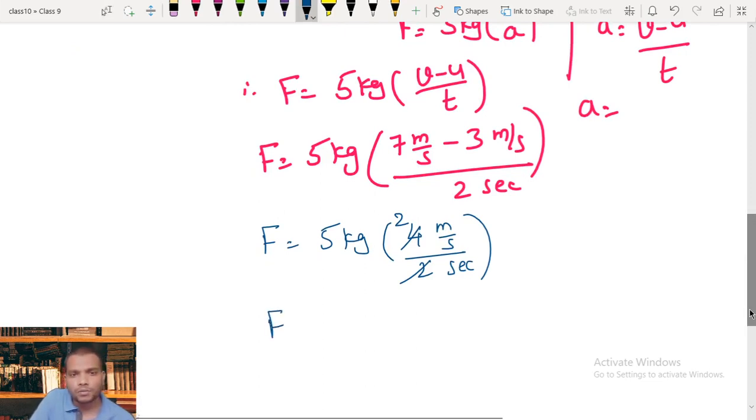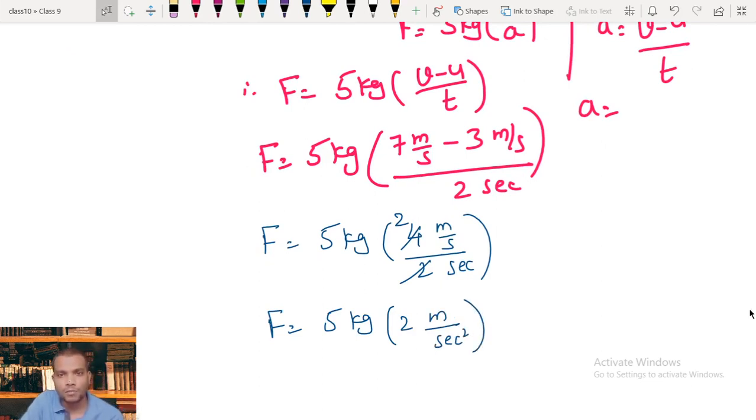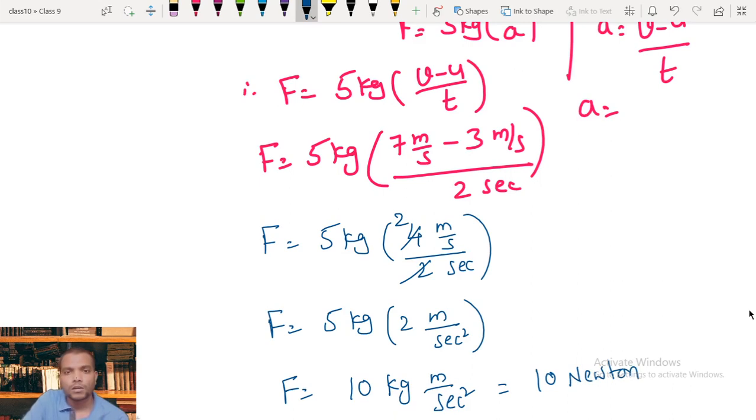So F equals 5 kg of 2 meter per second square, since seconds also goes to the denominator and becomes second square. Therefore force F equals 5 times 2, 10 kg meter per second square, which is also equal to 10 newtons.